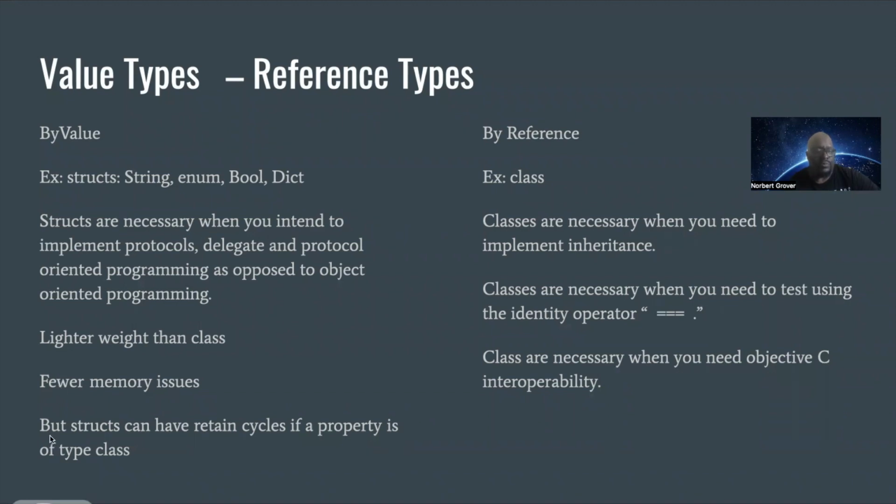Remember, structs can have retain cycles if one of the struct's properties is of type class. So yes, you can have memory issues in a struct, but structs aren't as prone to memory issues as classes are.